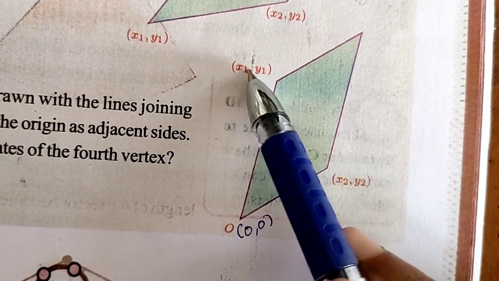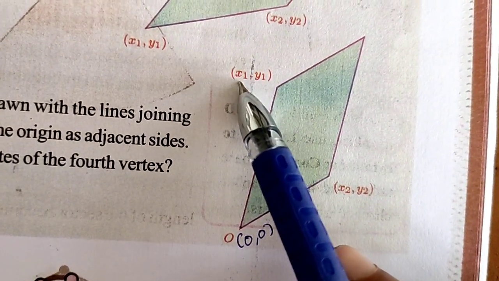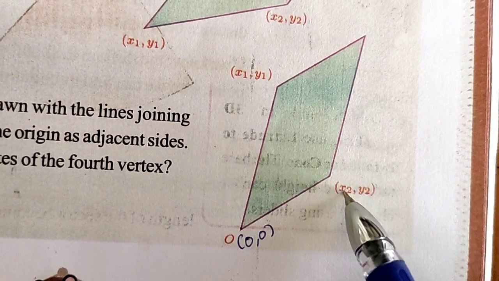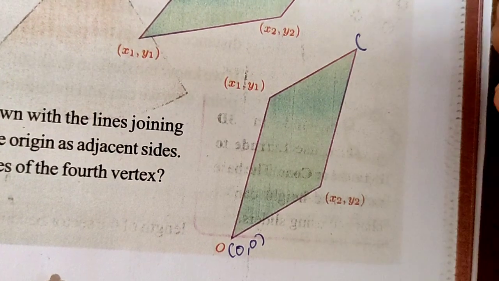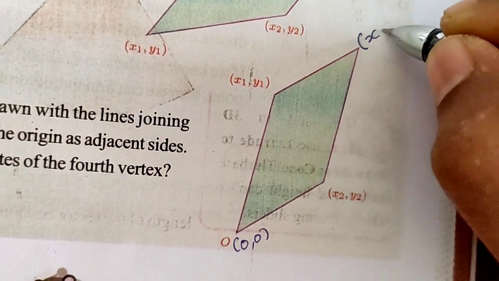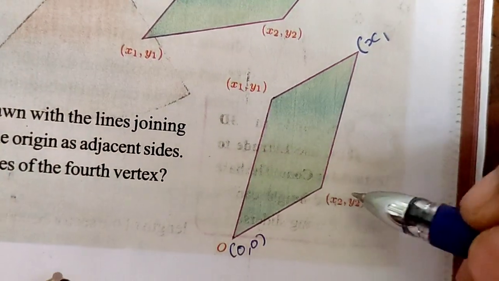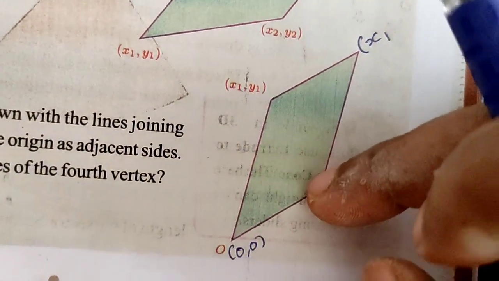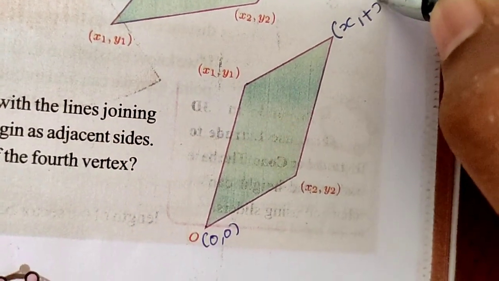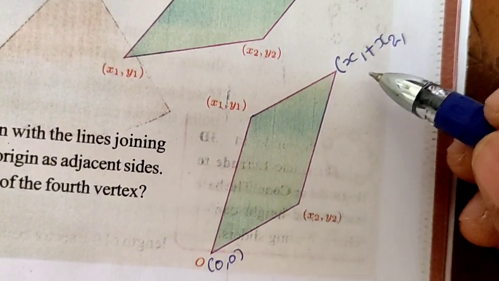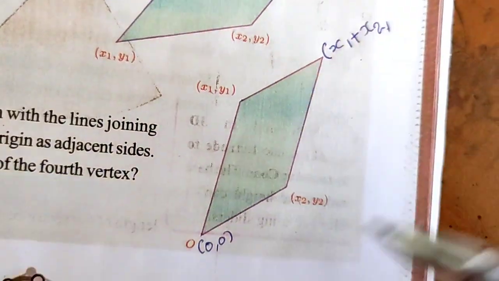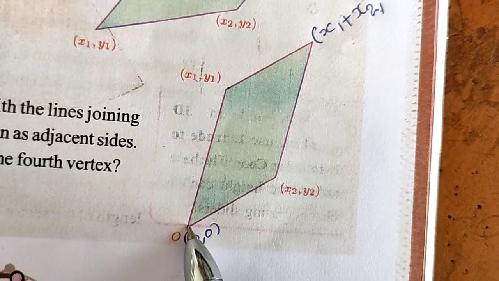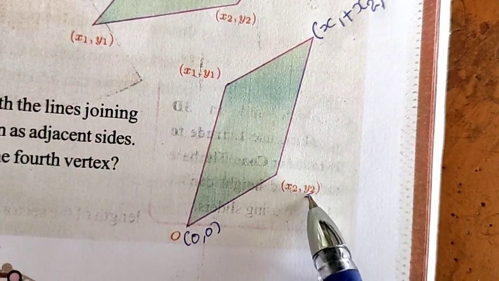But see children, here the x coordinate is x1. So there is an increase of x2 in the x coordinate. So what will be the x coordinate of this point? Already we have x1, plus this change x2. So the x coordinate of the fourth vertex is equal to x1 plus x2. Similarly, here 0 and a change of y2 happened here.